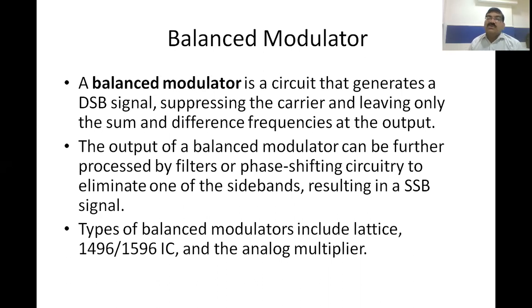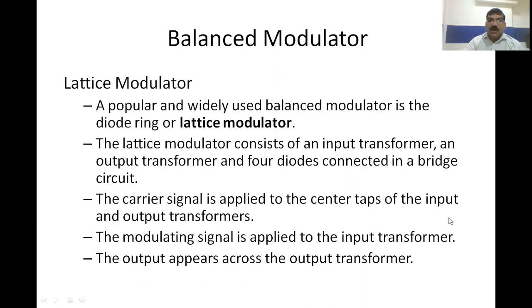So the balance modulator can be used for both single sideband or double sideband, and obviously suppressed carrier. This is a very old system, and using an IC you can do it.